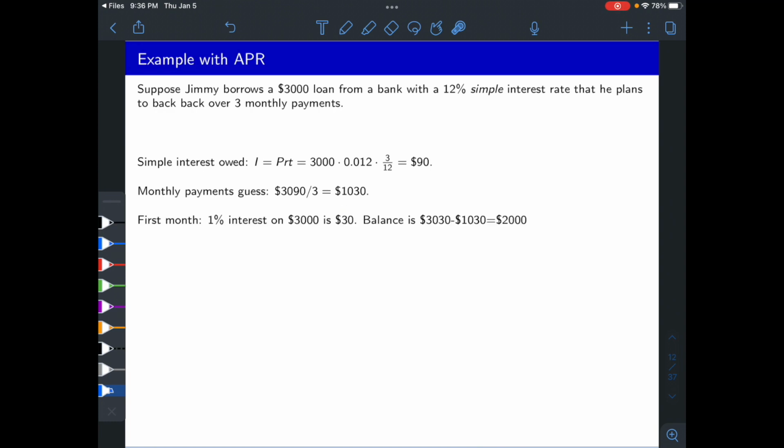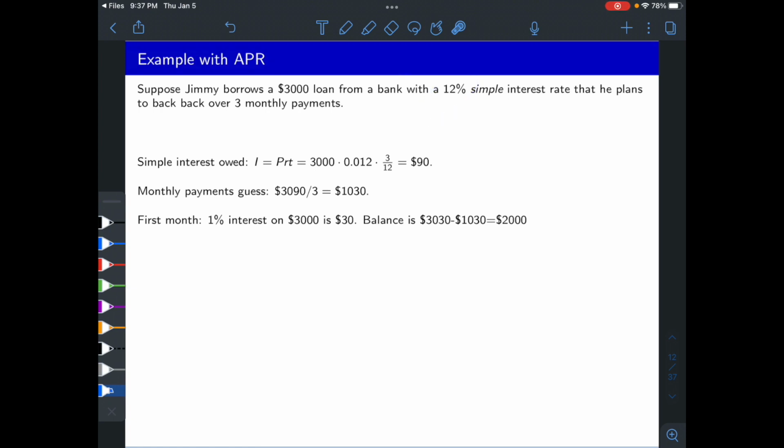So in the first month, remember this is a 12% interest rate. I know it says simple interest rate over here, but at the same time this is going to be compounding each month. So we're going to apply 1% interest over each of those 12 months for a total of 12% interest over the course of the year.